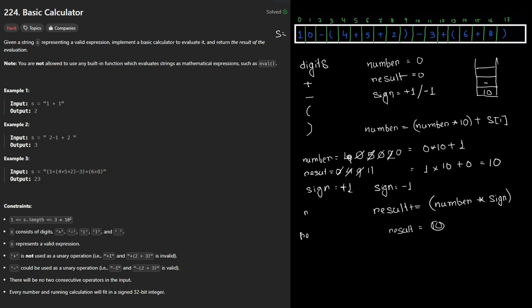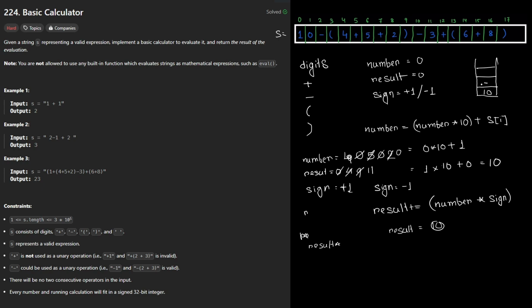Now what we're going to do, because it's a bracket, our result is 11, so our result would have 11. One thing to understand here, we are going to do a few more things. We have calculated the value, so now result would be multiplied by whatever the previous sign was before the bracket.